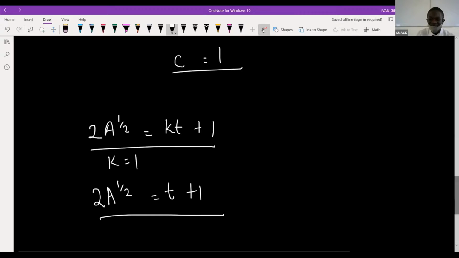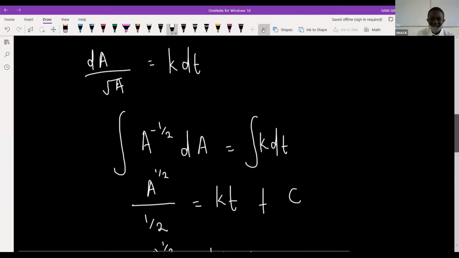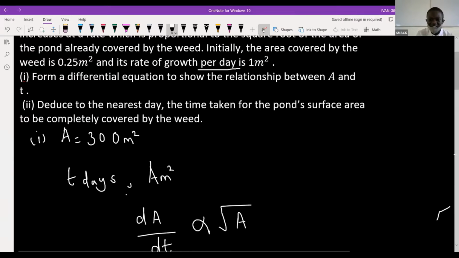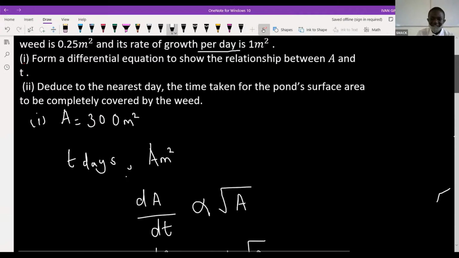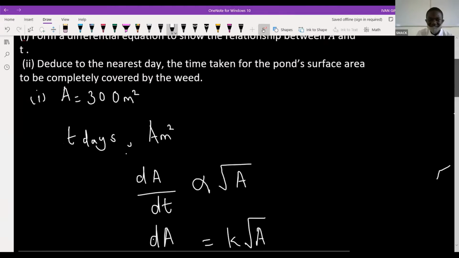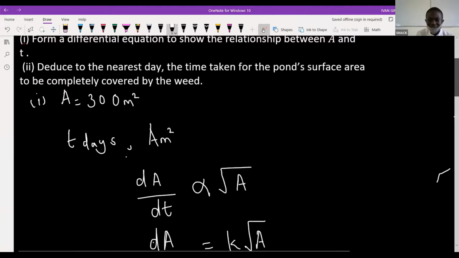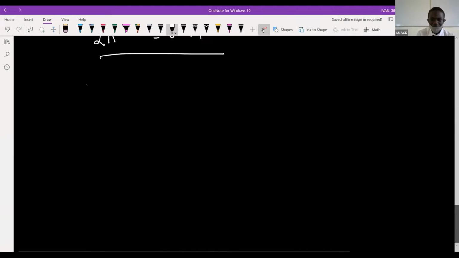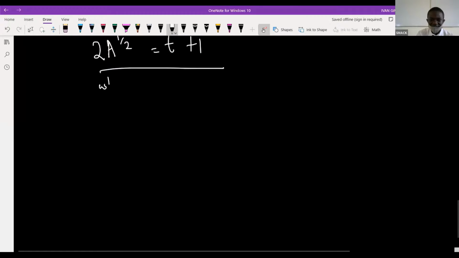Then now we can answer the question. The question says, reduce to the nearest day the time taken for the pond surface area to be completely covered by the weed. So that implies that our A will be 300 meters squared, because the total area of the pond is 300. When A is equal to 300, we don't know our time, which we are going to find.